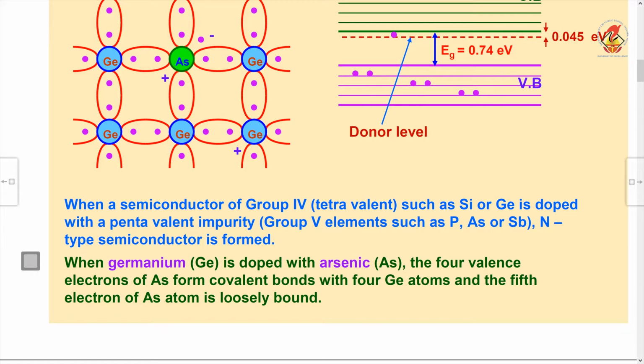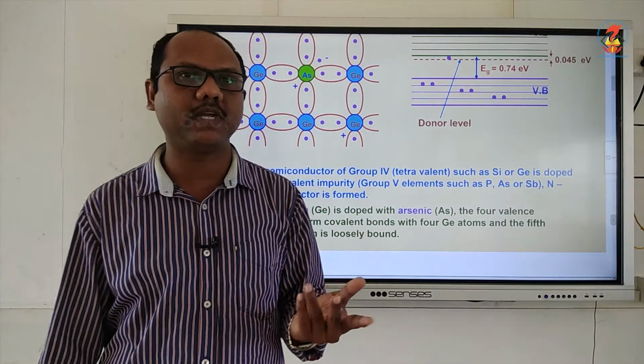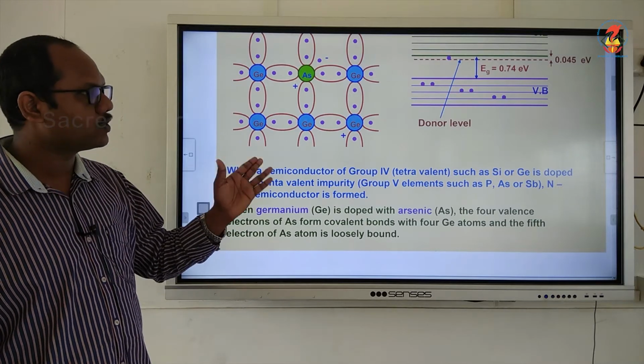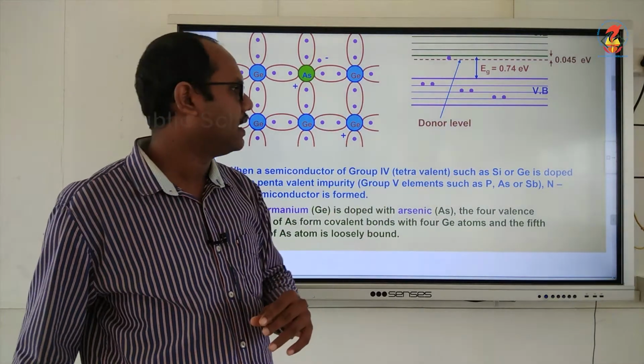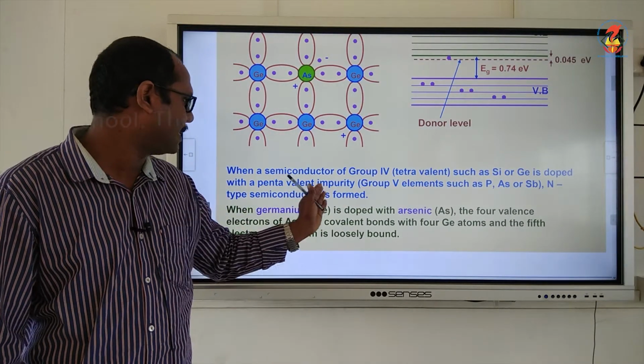They are doped with pentavalent impurities such as phosphorus, arsenic, antimony, etc. They belong to group 15. Semiconductors belong to group 14. So these belong to group 15. Then we can say those semiconductors are N-type semiconductors.